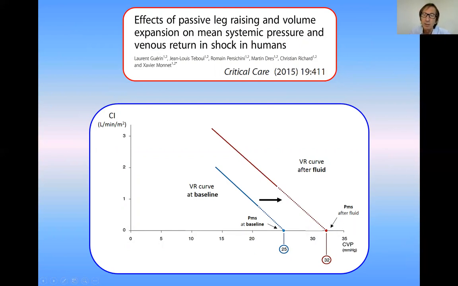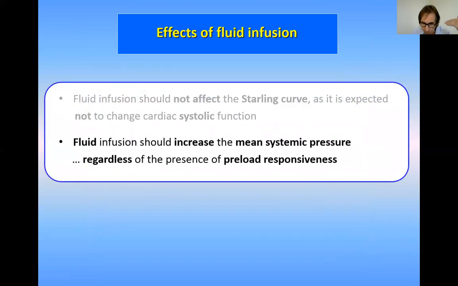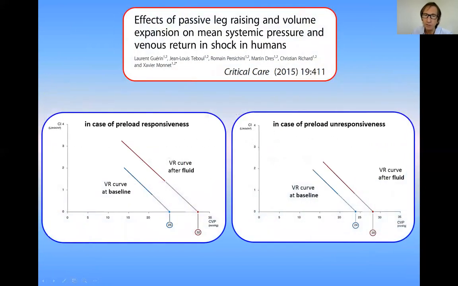As you can observe, we had a shift to the right of the venous return curve and an increase in the mean systemic pressure. So this study confirms what we can expect, that fluid infusion should increase the mean systemic pressure. But we also confirm that it can do this regardless of the presence of preload responsiveness. This is what we found in this study.